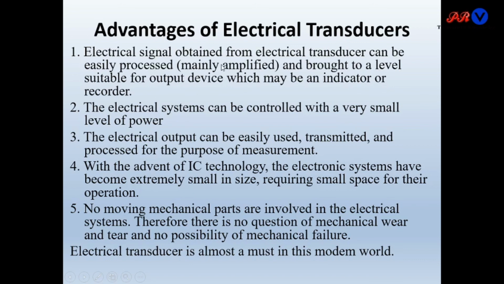So they are amplified so that they can be indicated or recorded for analysis. Second, the electrical system can be controlled with a very small level of power. Third, the electrical output can be easily used, transmitted and processed for the purpose of measurement.